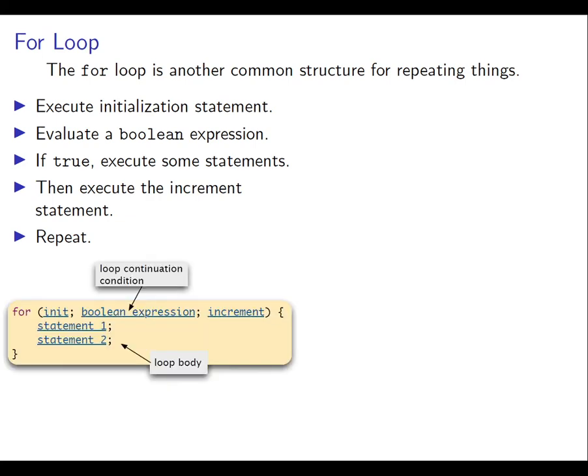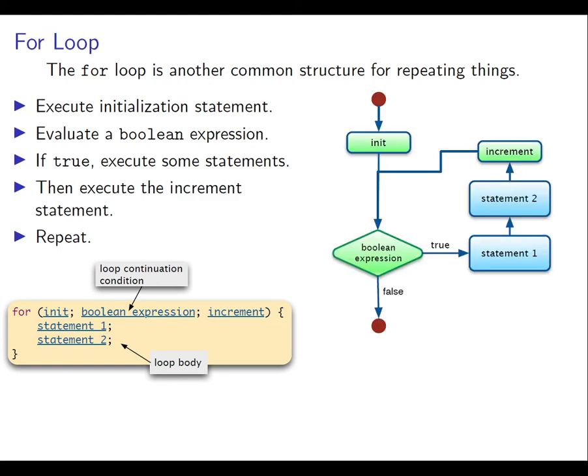Here's how it looks in Java. This is sometimes called a 3-part for loop. So we have init, Boolean expression, increment. What actually happens? We go in, we evaluate the init statement, then we check whether the Boolean expression is true. If the Boolean expression is false, then as with the while loop, we just jump over the whole block and go on to whatever follows the for loop.